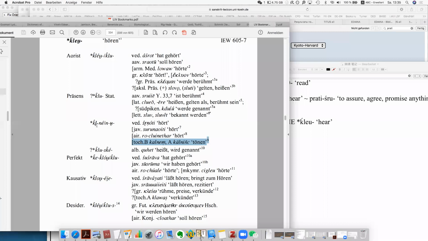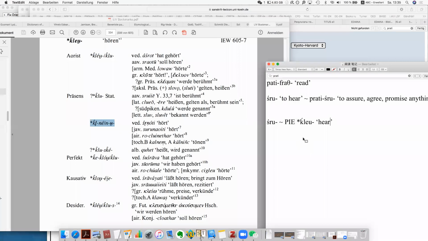Have you seen this? So first we check the form, we check the morphology. This kleu actually has this nu present. And from this nu present, we have this nu, right? So I write it like this. So this is a full grade, right? And then we need the 0 grade. So this is a 0 grade.